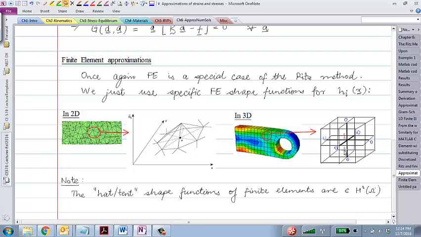So you can imagine that this would be a function that can be represented in color, but not really with a tent shape or hat shape or anything. Of course, 3D functions, as I said, have to be represented in color.